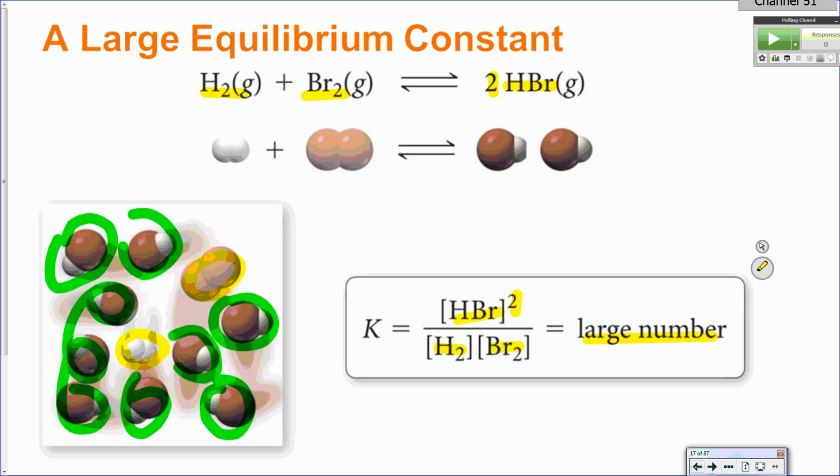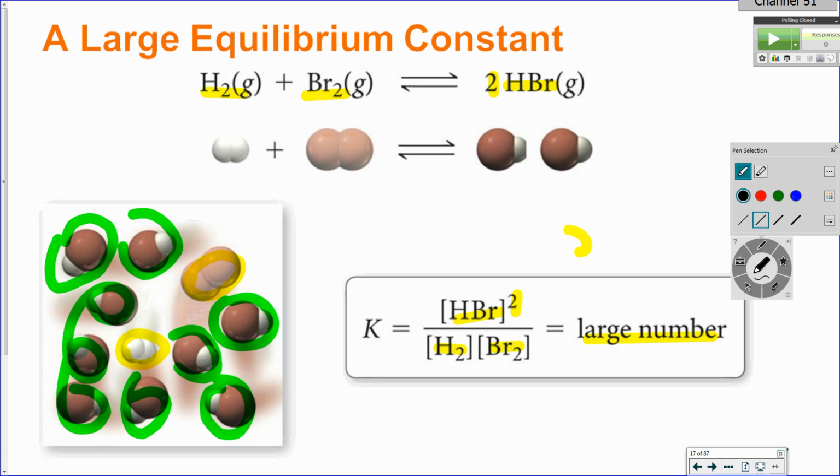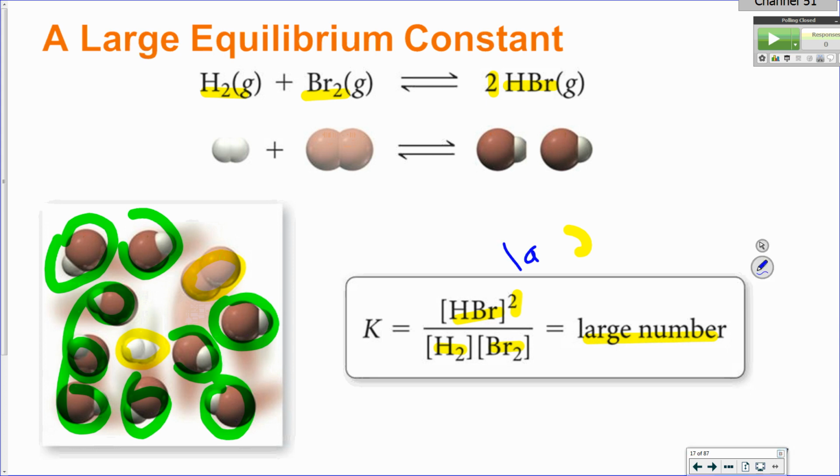Okay, so how big can large be? Large could be 10. It could be 100. It could be 10 to the 10th, 100 billion. It could be 10 to the 45th.